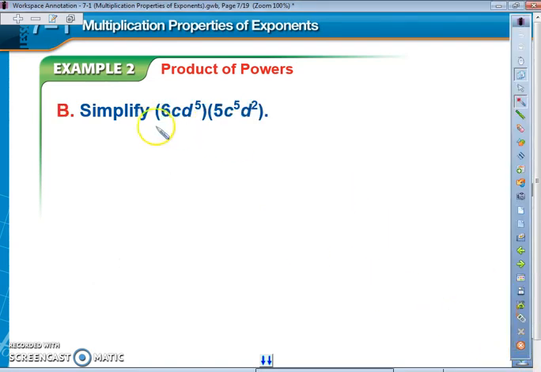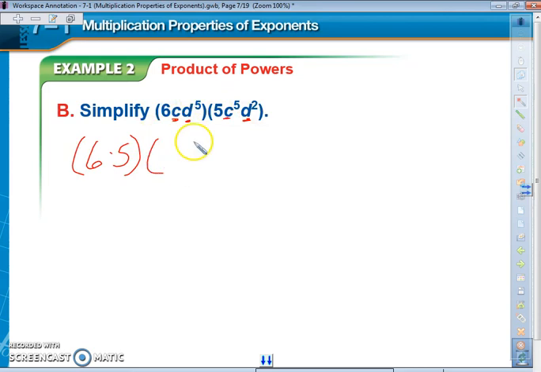We got a lot of slides to get to. Let's look at this one. Are our bases the same? Well, I've got a c right here and a c right there. I've got a d right there and a d right there. So let's think about what we're going to multiply together. We're going to go 6 times 5. That's going to be our first part, and I'm just kind of splitting this up. And then it's going to be c times c to the 5th.